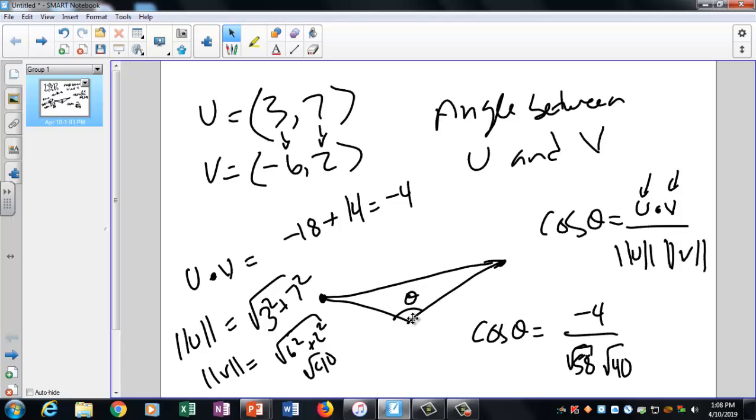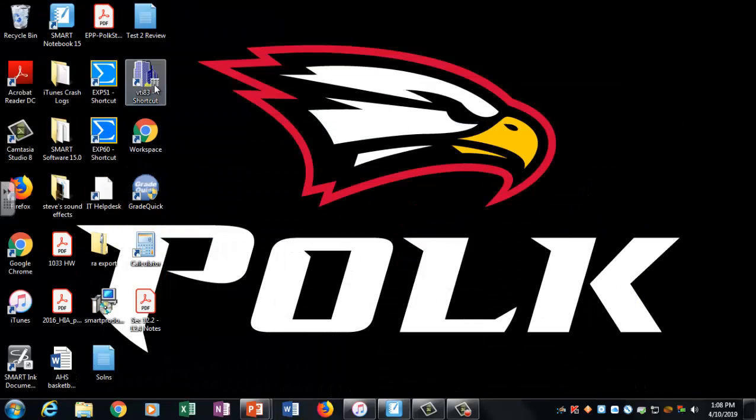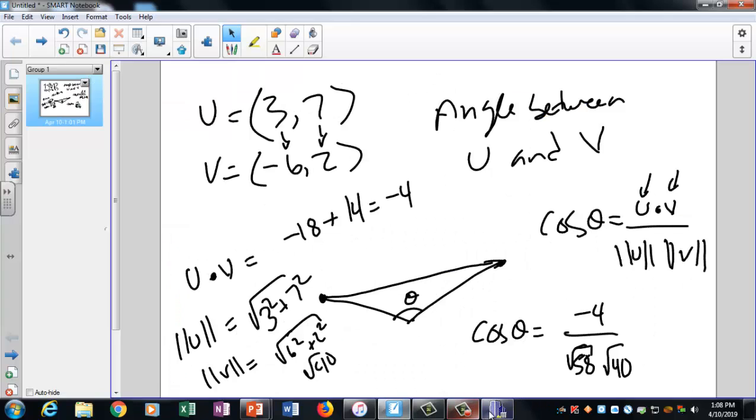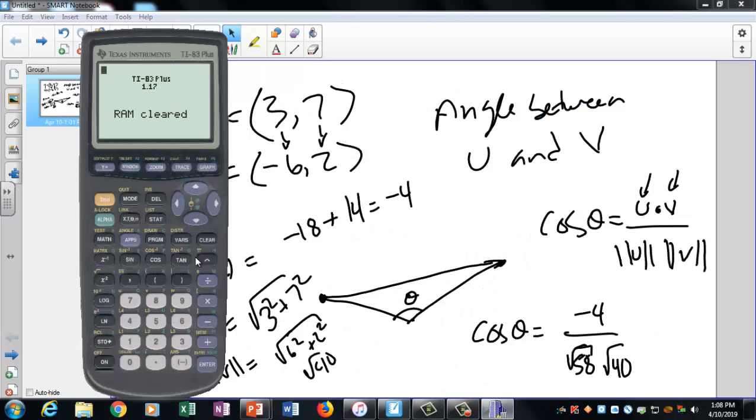So now I got to just type that into the calculator and figure out what theta is, which is the reason why I wanted to do the whole thing on the screen to start with. Okay.